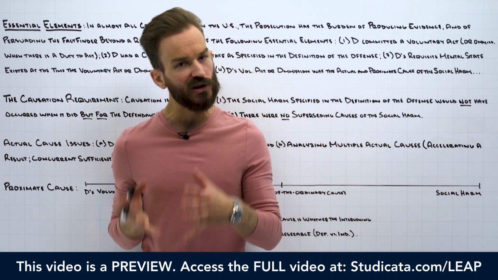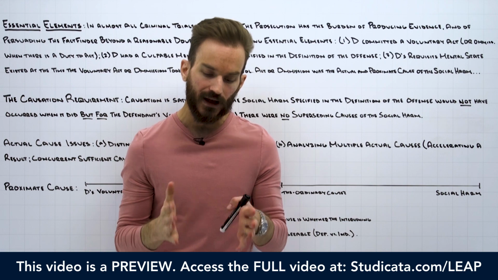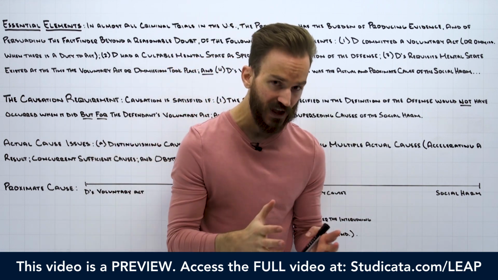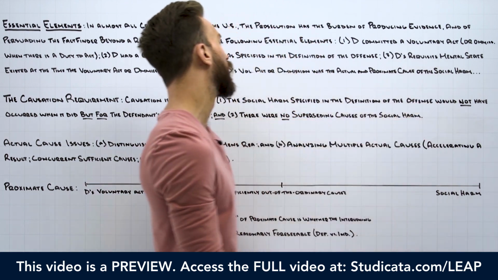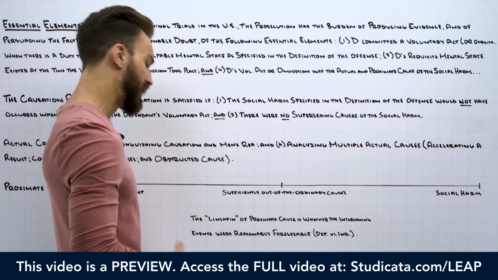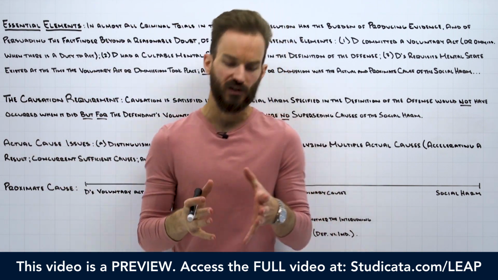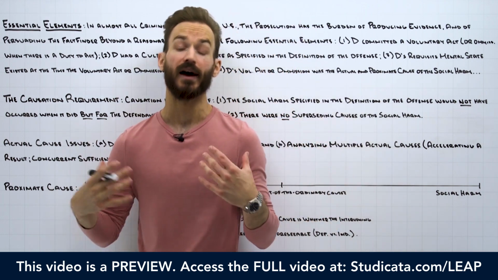In other words, we're looking for a link between our first element, the actus reus requirement, remember, the defendant's voluntary act, and that ultimate social harm specified in the definition of the offense. And most often when we're dealing with causation issues, we're dealing with criminal homicide analyses.